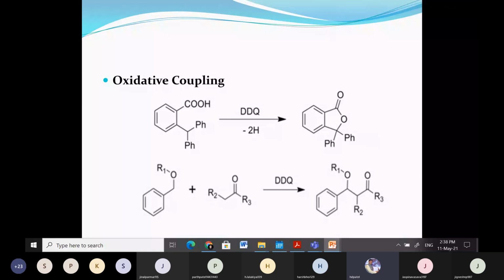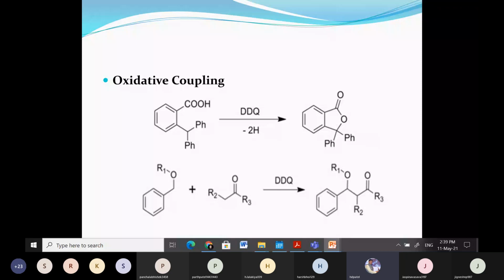Then the last one we have discussed, that is DDQ. DDQ is also known as an oxidation reaction, because removal of hydrogen is known as oxidation reaction, but here the more preferable word is dehydrogenation.